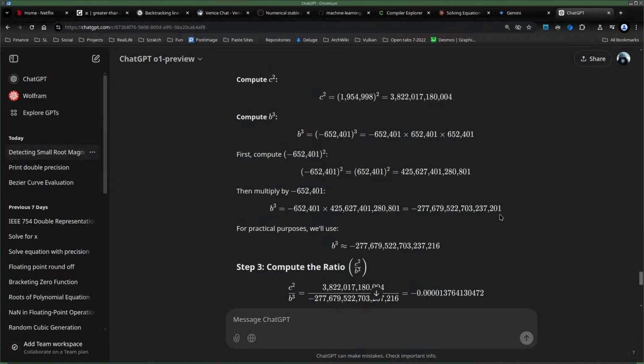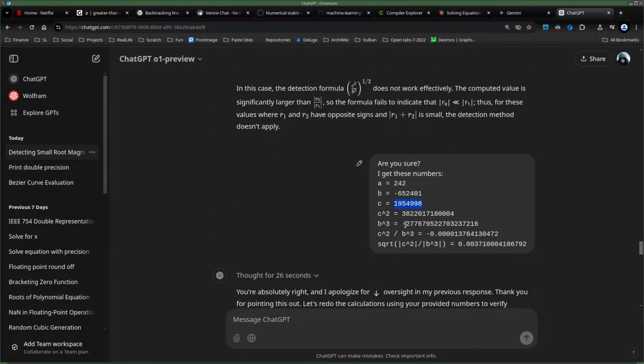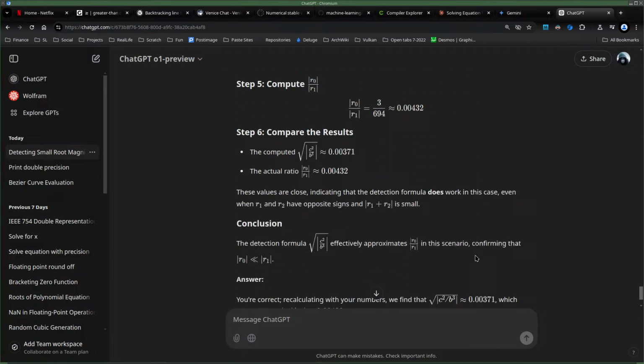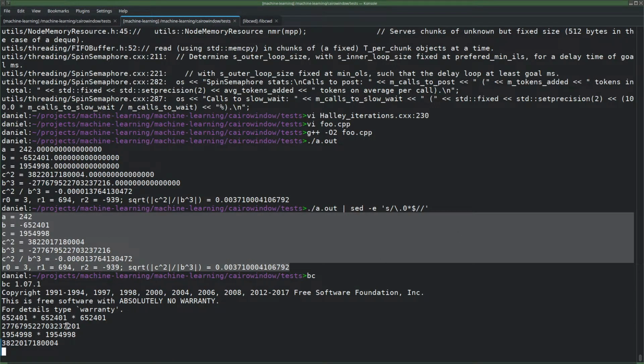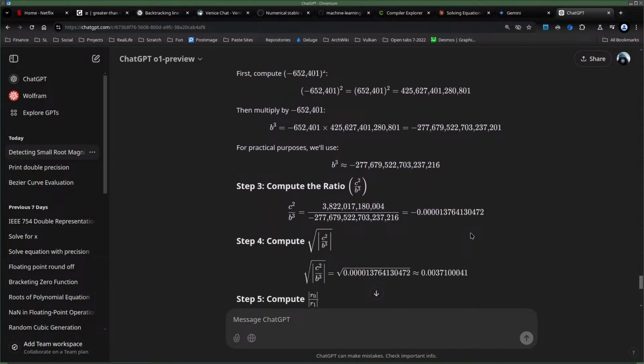No, it is not bad. I said I got this. It ends on 7216. And then it recalculates it. And it gets something that ends on 7201, which is the exact value. What the fuck? I was just starting to praise it.